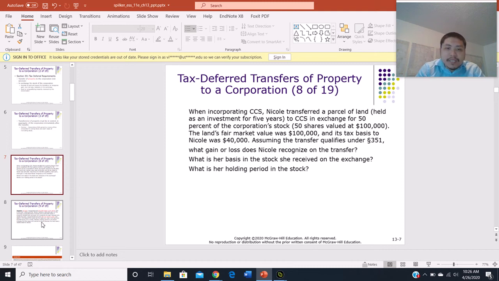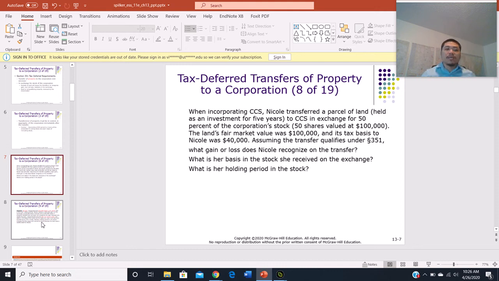The land's fair market value was $100,000, and its tax basis to Nicole was $40,000. Assume the transfer qualifies under Section 351. So the question asks, what is the gain or loss Nicole recognizes on the transfer? What is her basis in the stock she received in the exchange, and what is her holding period in the stock?